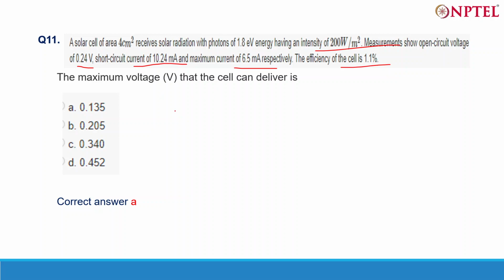First thing is that VOC is given to you. Let me solve this. VOC is given 0.24. Short circuit current is also given, 10.24.